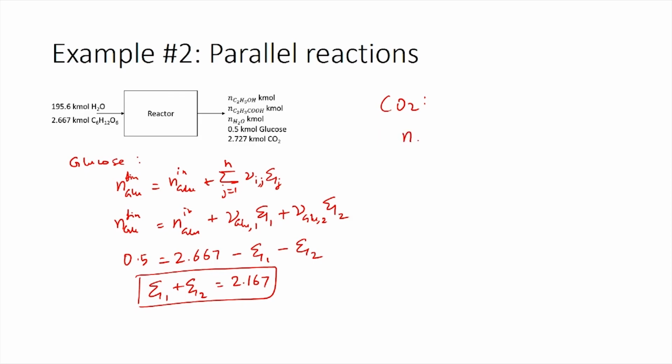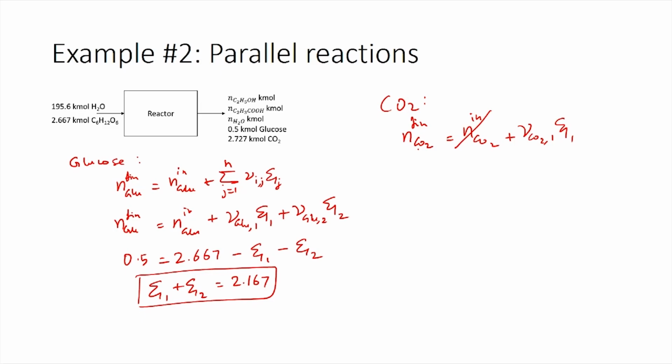You have N carbon dioxide final equals N carbon dioxide initial plus the stoichiometric coefficient of carbon dioxide in the first reaction times the extent of reaction for the first reaction. As there is no carbon dioxide in the initial condition, you end up with the stoichiometric coefficient of carbon dioxide times the extent of reaction for the first reaction equal to the amount of carbon dioxide in the final condition.